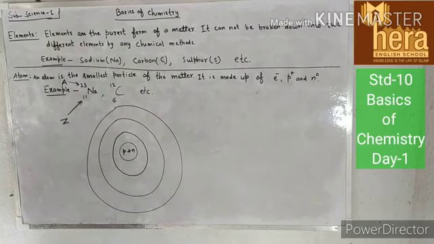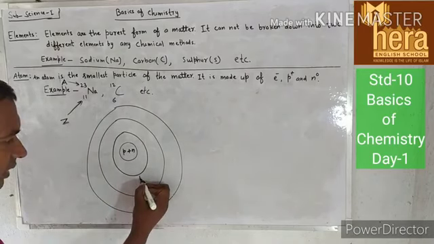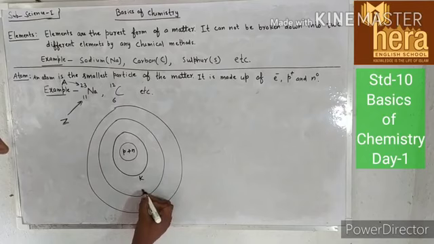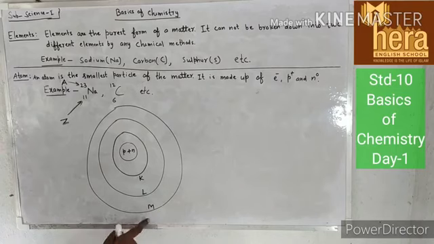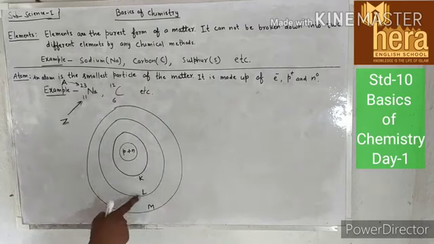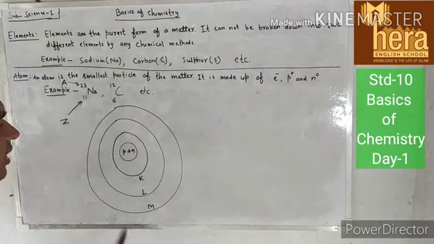First orbit is represented by K. Second orbit is represented by capital L. Third orbit is represented by M. And if there is one more orbit, then you can write K, L, M. That will be N. Okay?